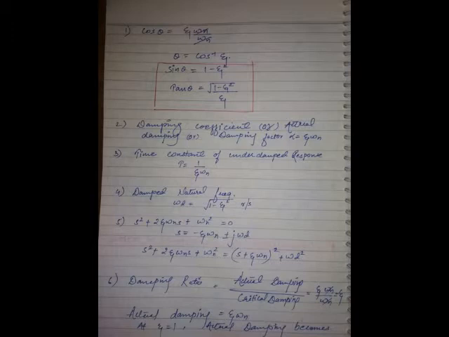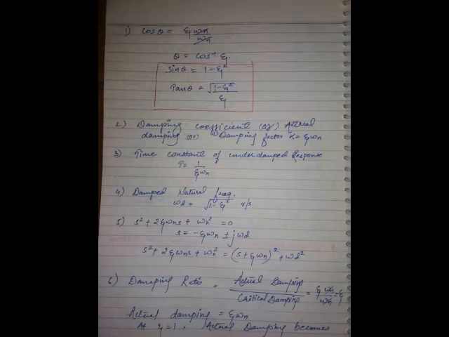Another thing: in this diagram, when zeta is 0, the roots are on the j omega axis. As you increase the damping ratio value, one root comes along this path and another root along this path. Both roots meet at minus omega n. As you further increase zeta, one root goes towards the origin and another goes towards minus infinity.